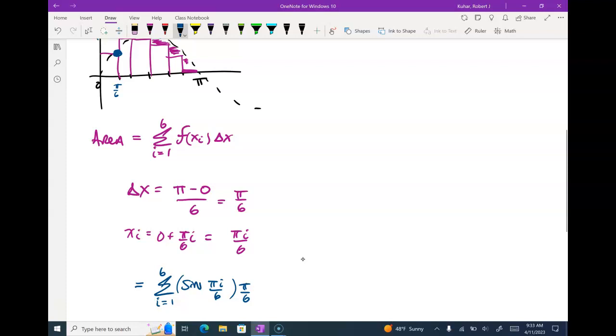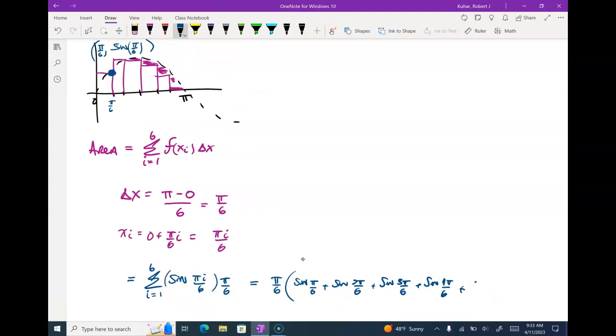The height of the rectangle times the base of the rectangle. So I can just factor out that pi over 6 and put in my values of sine of pi i over 6. So meaning sine of pi over 6 plus sine of 2 pi over 6 plus sine of 3 pi over 6 plus sine of 4 pi over 6 plus sine of 5 pi over 6 plus sine of 6 pi over 6.